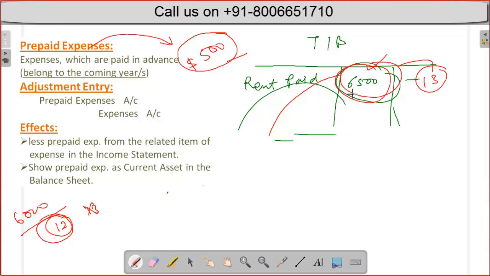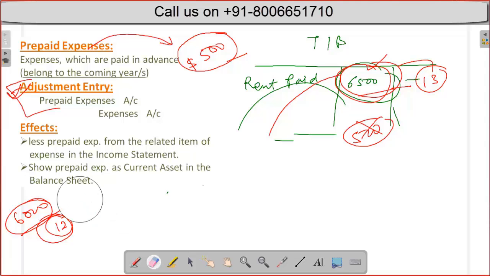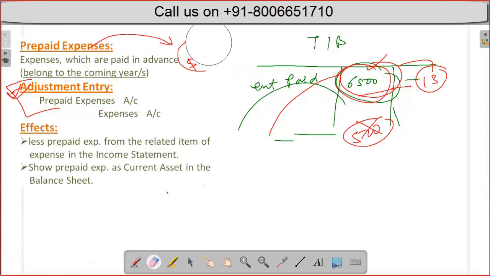So it means out of this 6,500 I have to show only 6,000. It means out of this 6,500 I have to remove 500, isn't it? I have to remove this 500, and for that I need to pass this adjustment entry. Now tell me, I have to remove this expense. I have to subtract this 500 from this 6,500.